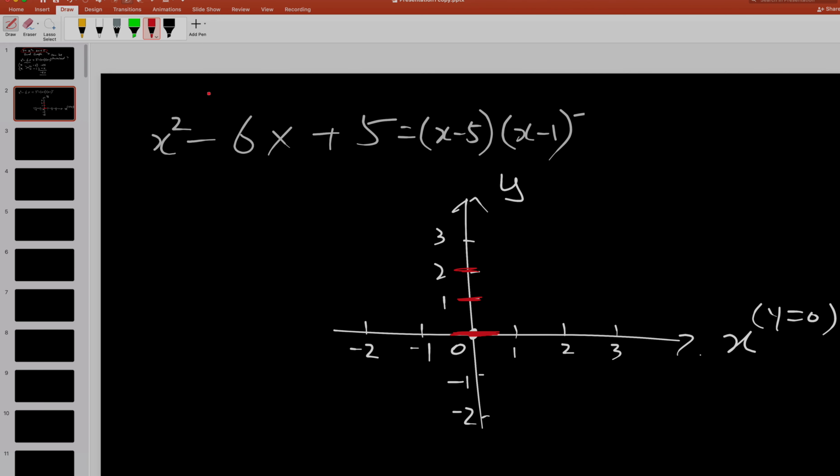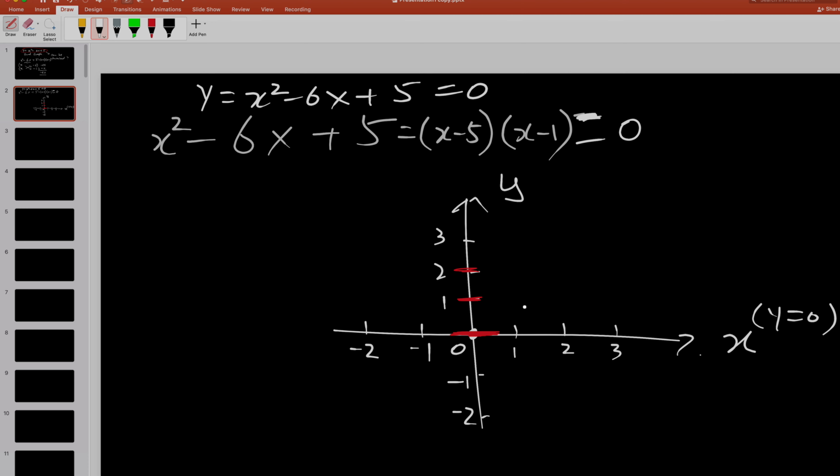So let me start off with the question. The question says y equals to x squared minus 6x plus 5, right? So now you want to equate this to 0. Since you already factorized it, you just equate this to 0.